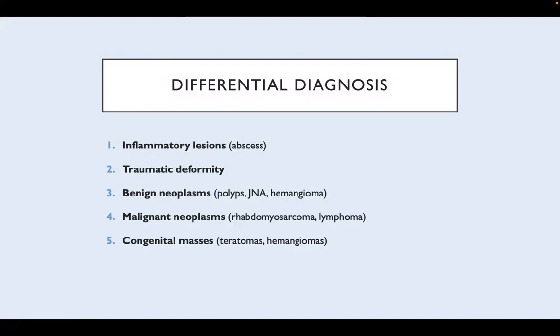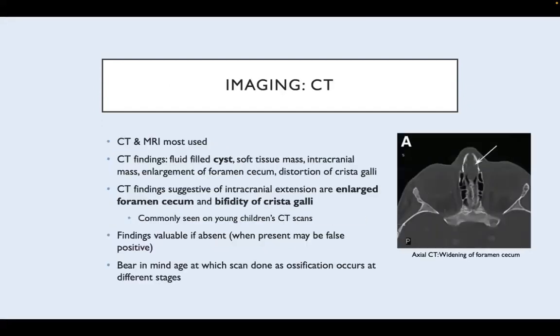Benign neoplasms can occur, so polyps, JNA, hemangiomas, these are all intranasal, but these lesions I'm talking about can present as intranasal masses. They can be malignant neoplasms like rhabdomyosarcoma and lymphoma, especially in the pediatric population, and then congenital masses like teratomas or hemangiomas.